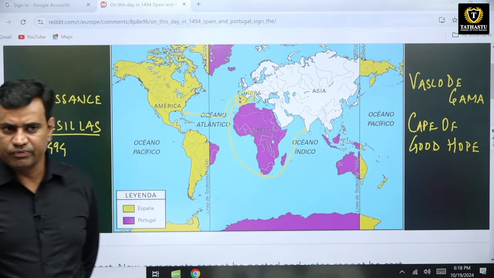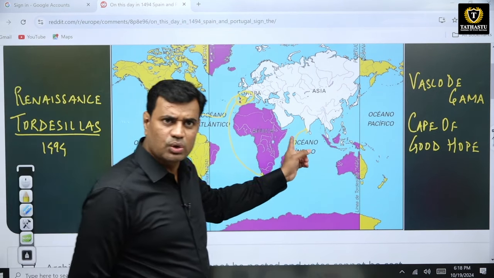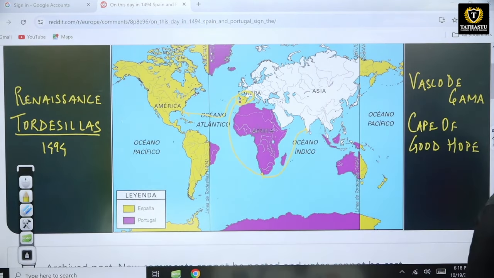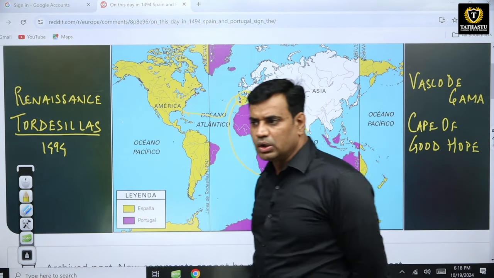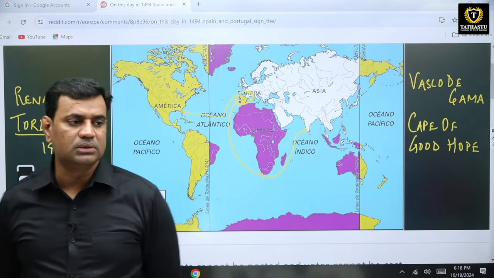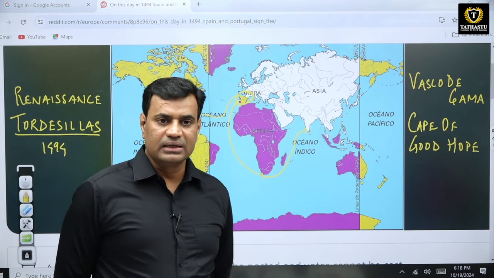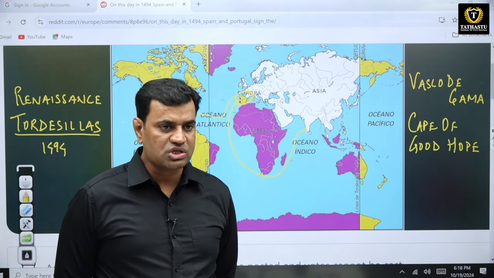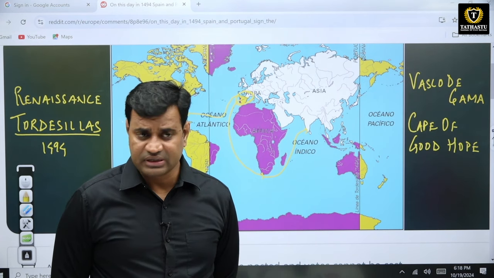Clear? Proceeding further towards the eastern side, Vasco da Gama reached the coast of Calicut in 1498.